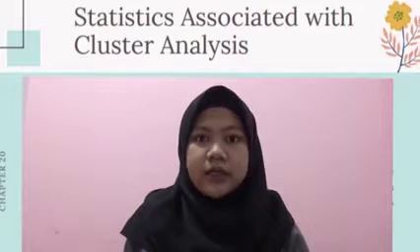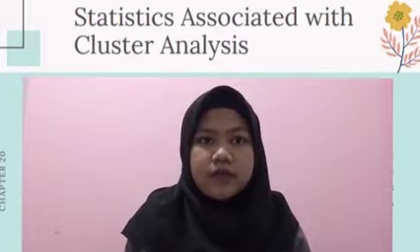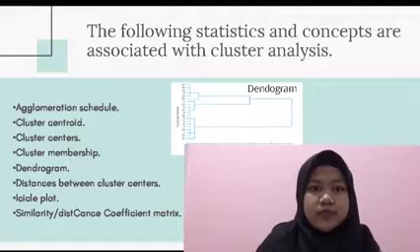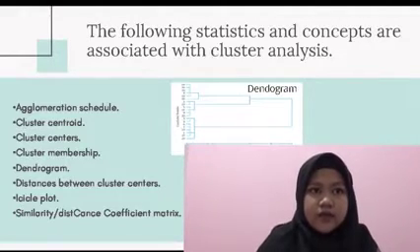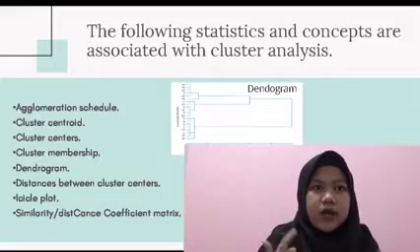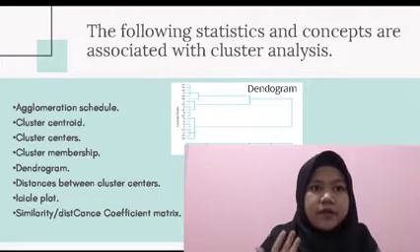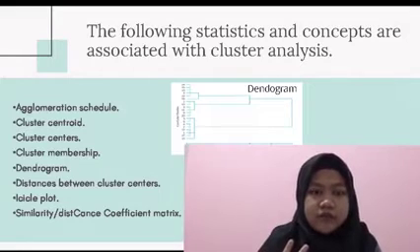Although many clustering methods have important statistical properties, the fundamental simplicity of these methods needs to be recognized. The following statistics and concepts are associated with cluster analysis. First, agglomeration schedule, cluster centroid, cluster centers, cluster membership, dendrogram, distance between cluster centers, icicle plot, and similarity or distance coefficient matrix.